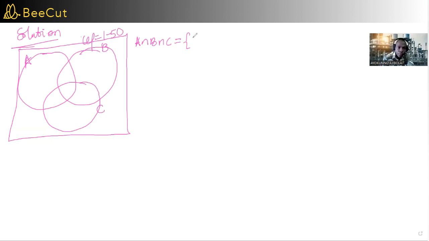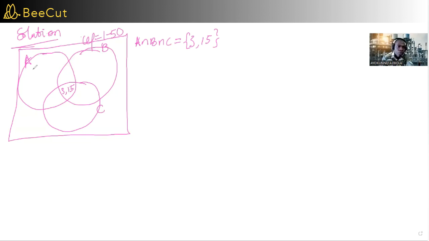So I can put 3 and 15 here because they are both present in the 3 circles.